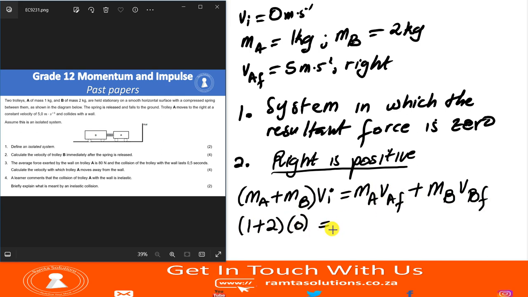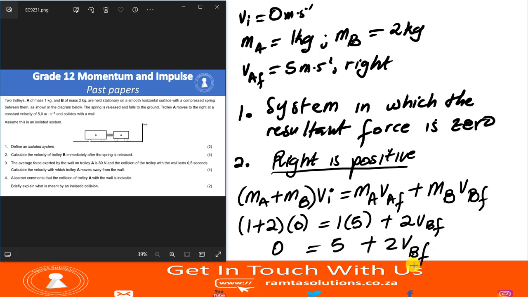Final velocity of object A is 5 meters per second to the right, so it will be positive 5. Final velocity of B we do not know. So this is 0 equals 5 plus 2 VBF.